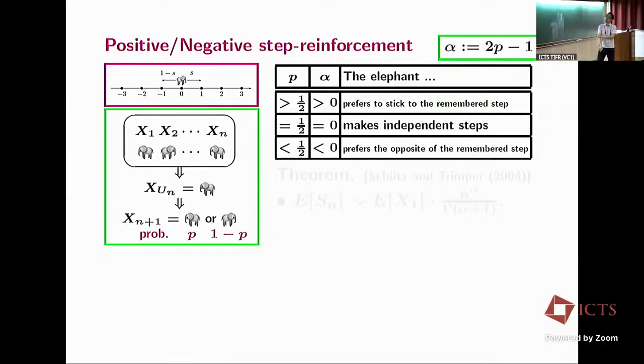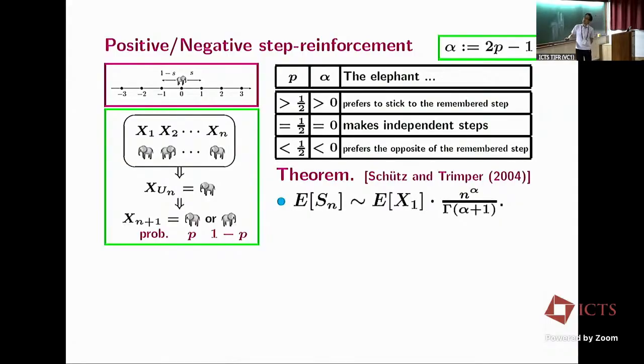This is the expectation of the first step, and its effect is enlarged or shrunk by this factor, n to the power alpha. And so if alpha exceeds half, then it is dominant compared with the usual fluctuation.